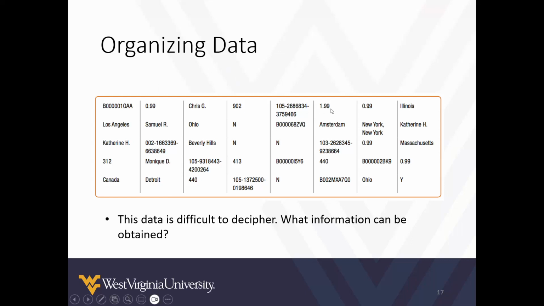Some of these look like possibly money, maybe ID things, not sure. And then we have these random N's and Y's, which might mean no's and yeses. Either way, looking at this, I'd have a very hard time determining what we're even looking at.